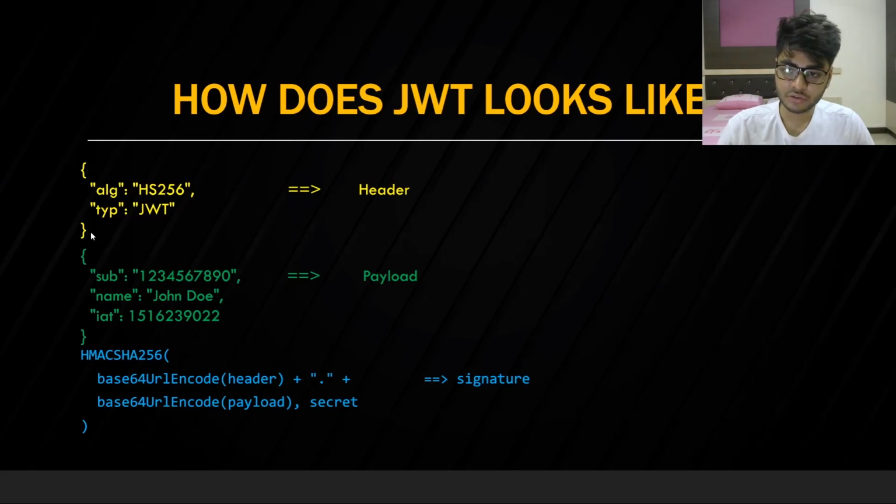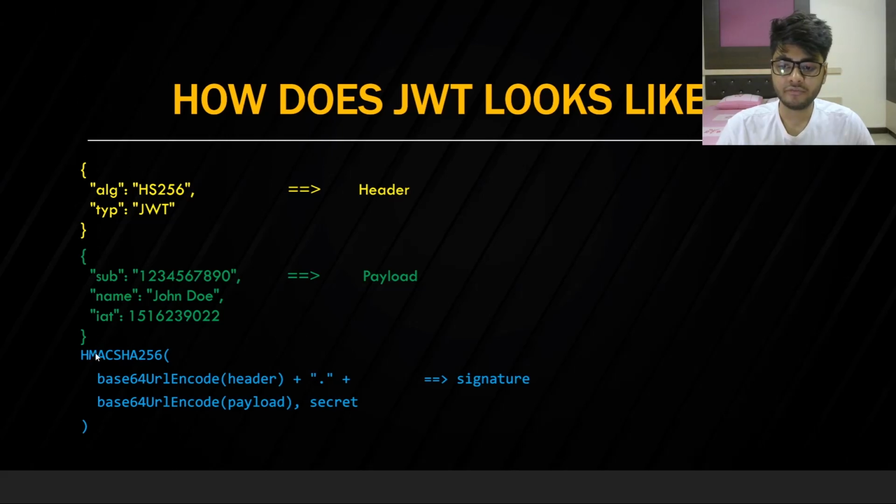The yellow part is the first part, which is the header, then the green part is the payload. This payload contains some useful data of the token, like who this token belongs to: the username, user ID, email, or anything needed to verify whose token this is.